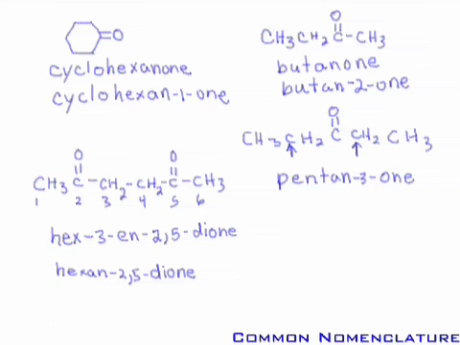What about common nomenclature? Well, for aldehydes, we have several common names we need to understand. So for aldehydes, I can write an IUPAC name, and I can write down a common name.